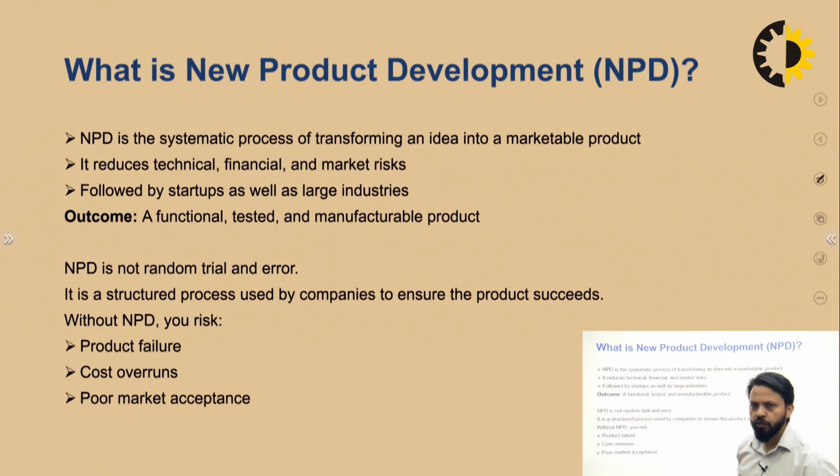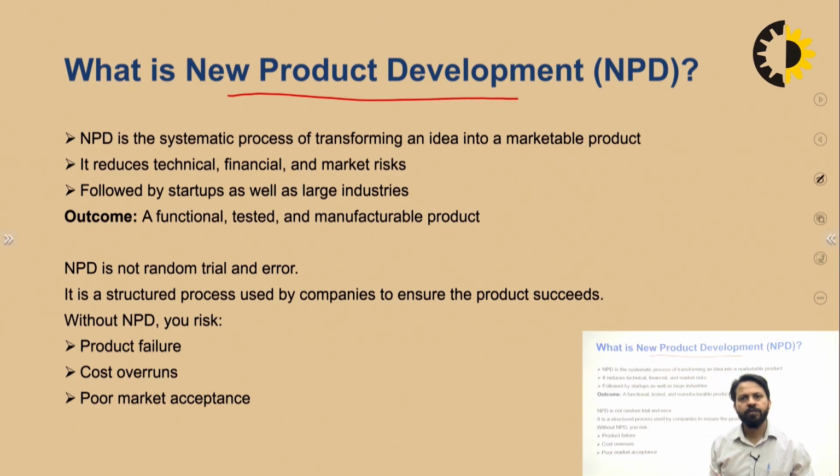First we have to understand what this new product development is. It is a set of instructions, a systematic process, so that we can follow the path from idea to the final product. It is not a hit and trial method, but a systematic approach.